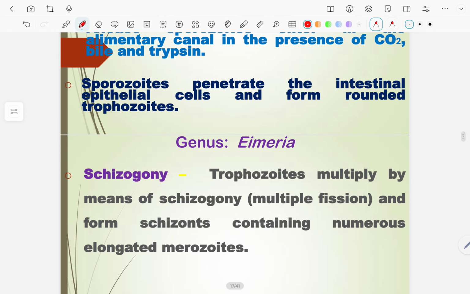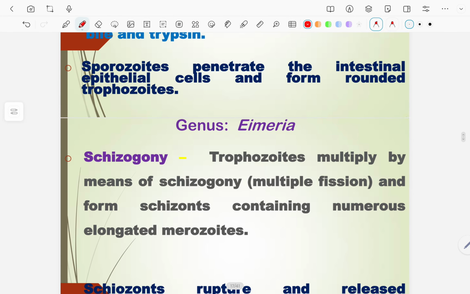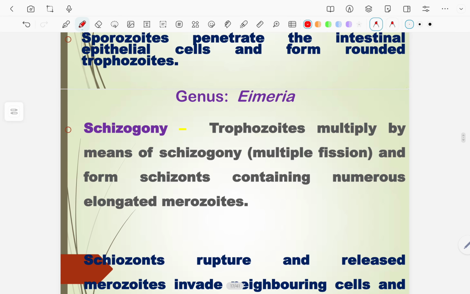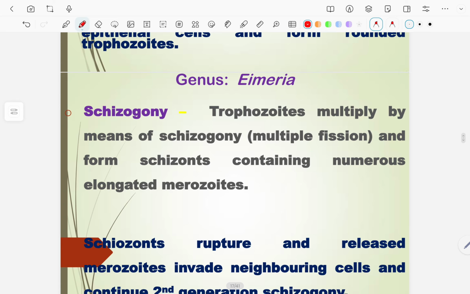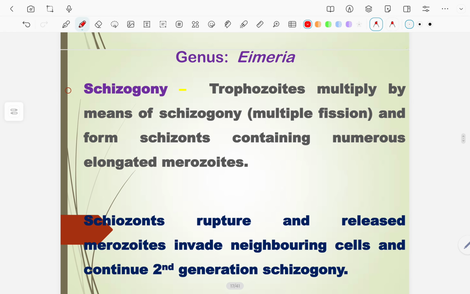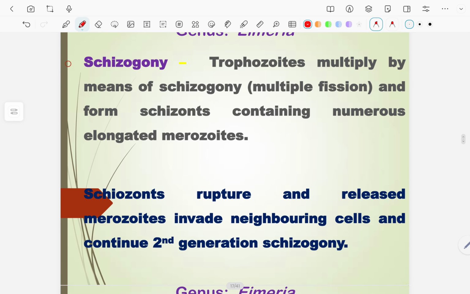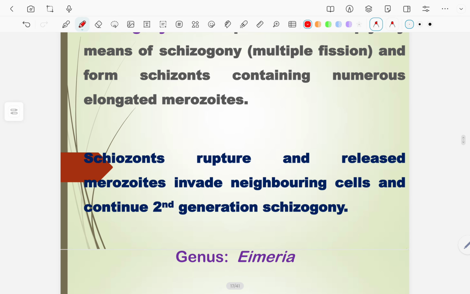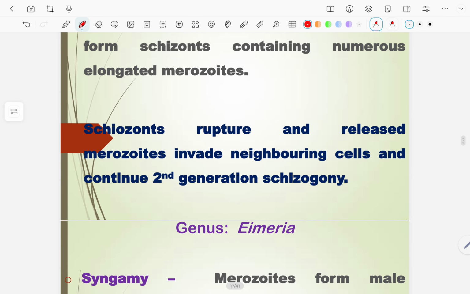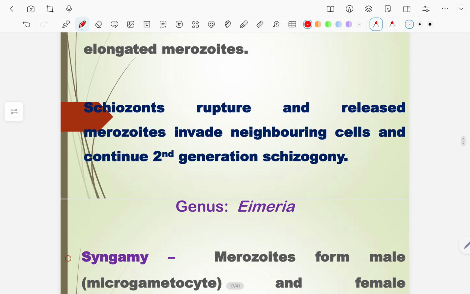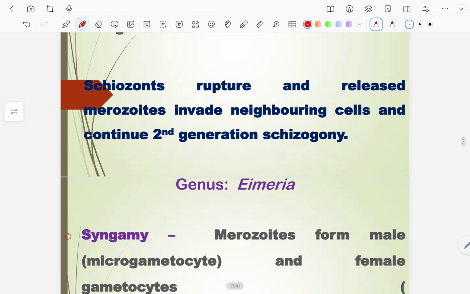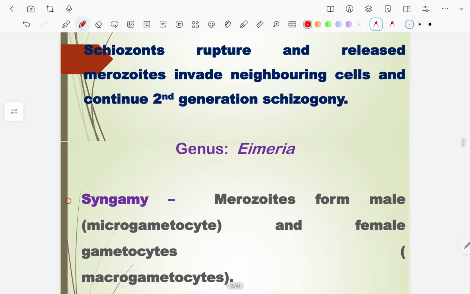Genus Eimeria. Schizogony: trophozoites multiply by means of schizogony, multiple fission, and form schizonts containing numerous elongated merozoites. The schizont ruptures and releases merozoites that invade neighboring cells and continue second generation schizogony.